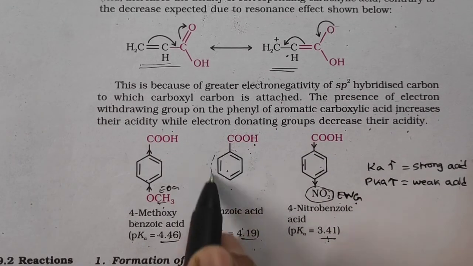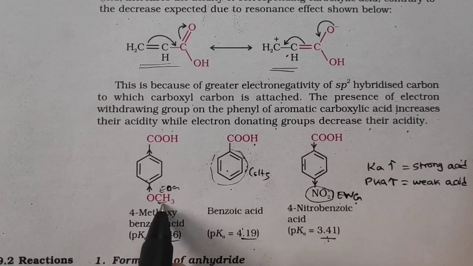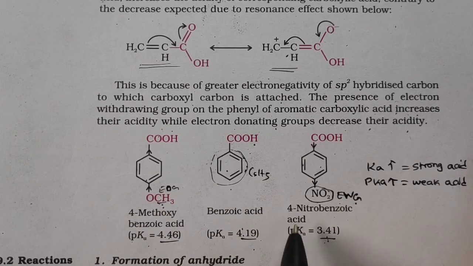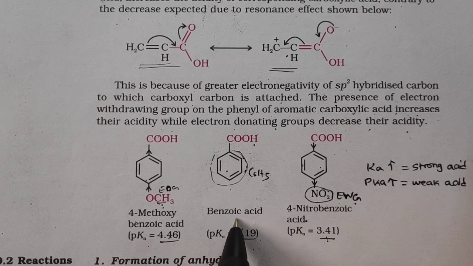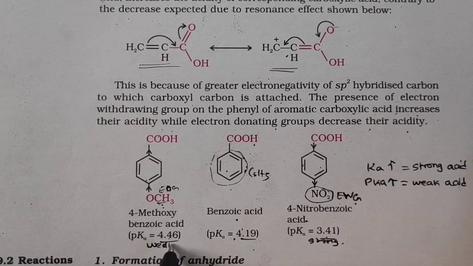In this case only phenyl is there, C6H5, and in this case this is an electron donating group. So this one is more acidic, then second number will come of this, and then third number will be of this, right? So higher the value, lower will be the acidic strength. Here this is the least acidic, then second number, and this one is the strong acid because of less pK value, and this one is the weak acid.